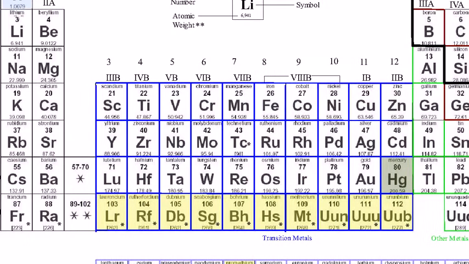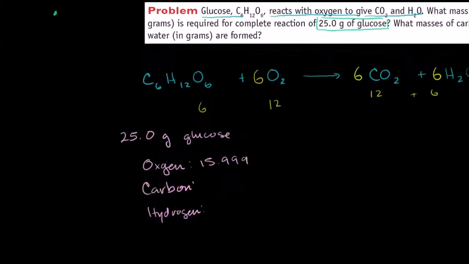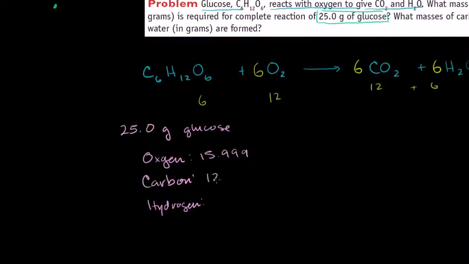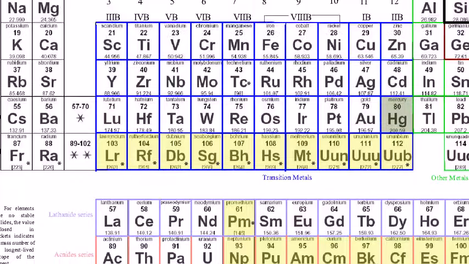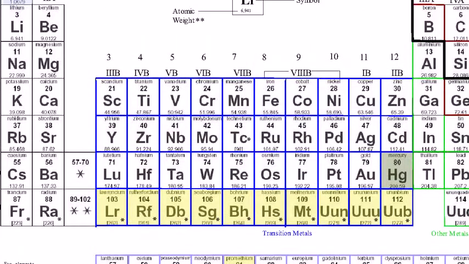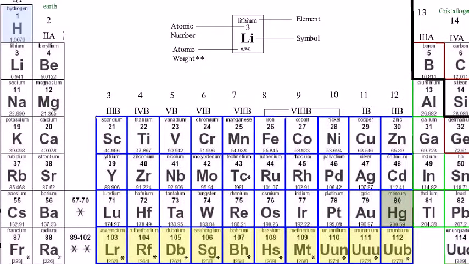And hydrogen is 1.0079. So let's do the carbon. The carbon is 12.011, and then the hydrogen, remember, atomic weights are all the weighted average of all of the isotopes on Earth, is 1.0079.